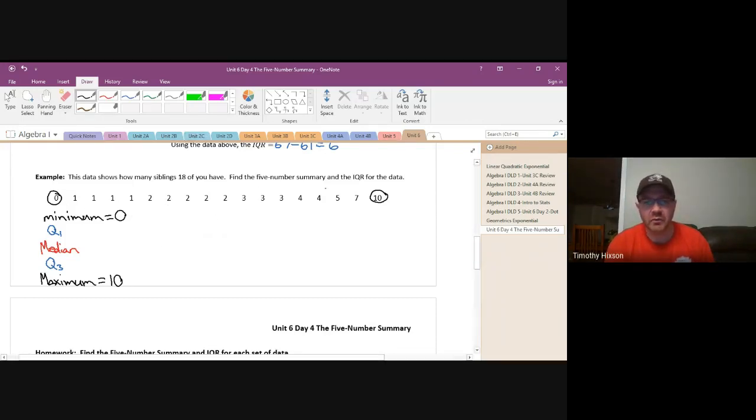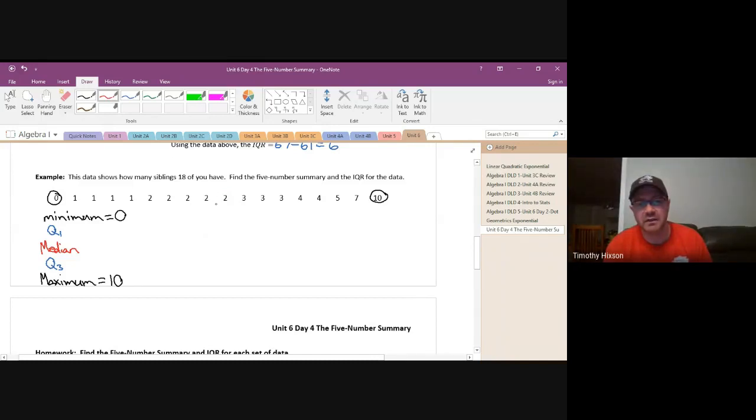But here now I want the median. I've got to find the median before I can find the other 2 quartiles. And since there's 18, it's an even number. That means my median is going to be between the 9th and 10th. Remember, you divide by 2, it comes out evenly, so it's going to be between that and the 10th. 1, 2, 3, 4, 5, 6, 7, 8, 9, and 10.